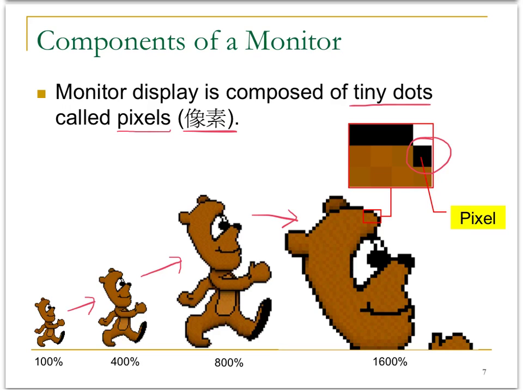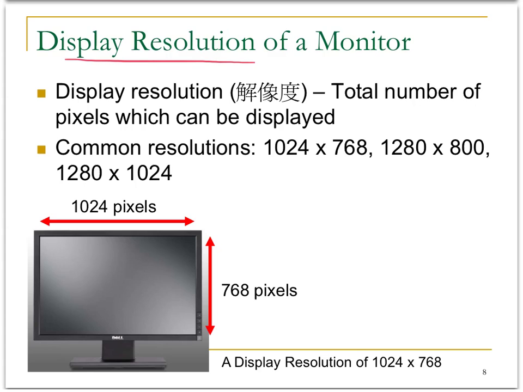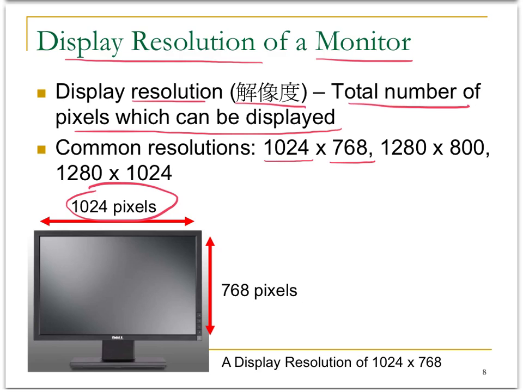Therefore the display resolution of a monitor is measured in pixels. The total number of pixels which can be displayed on the computer screen is the display resolution, 解像度. For example, if the resolution is 1024 by 768 pixels, that means horizontally there are 1024 pixels, and vertically there are 768 pixels on the computer screen.